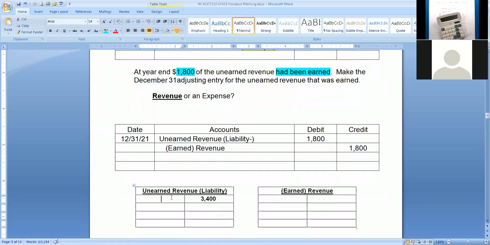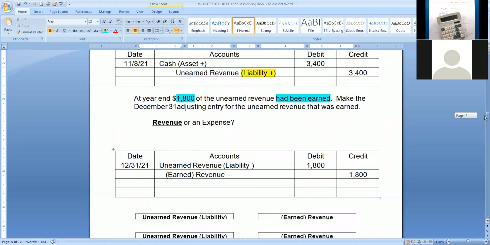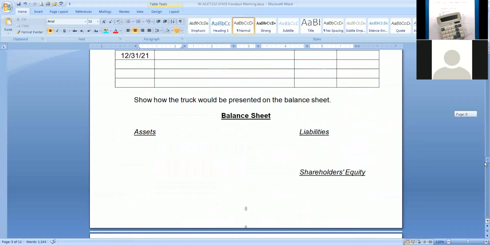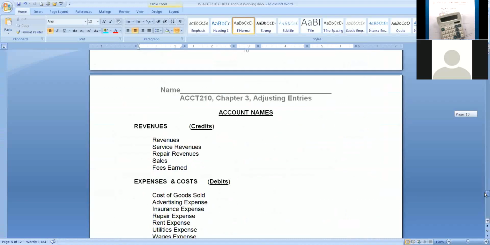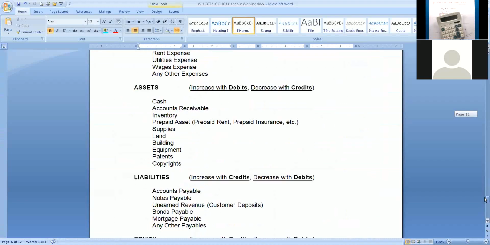Okay, so it'll look like this. Unearned revenue. Oh, by the way, this is correct, but if you go down here, unearned revenue.